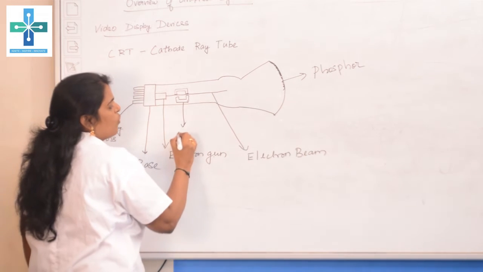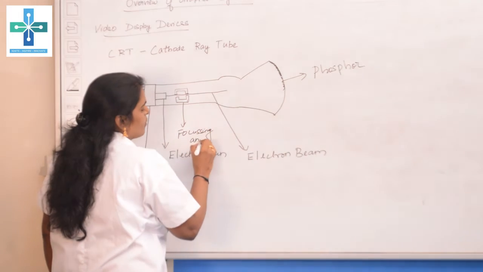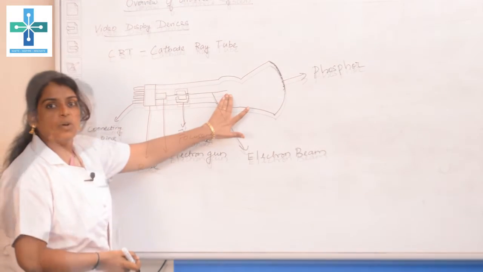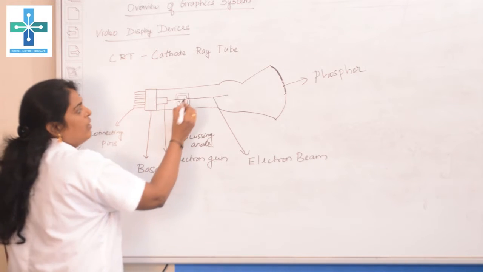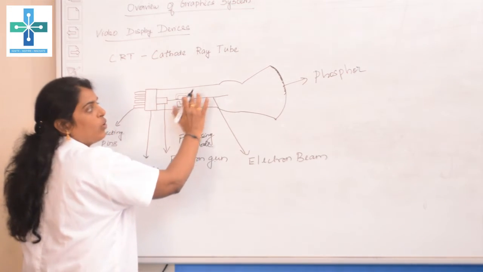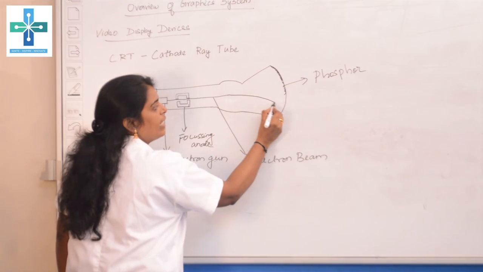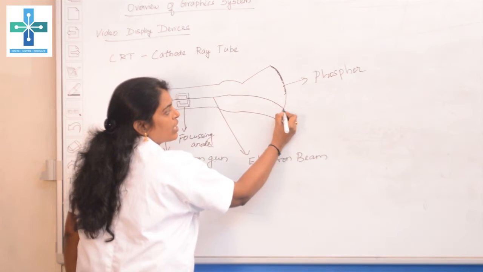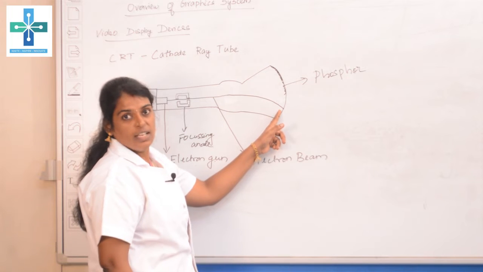This is called the focusing anode, and here is a magnetic coil. The electron beam generated from this electron gun will be traversing through this focusing anode as well as the magnetic coils. At some point it will strike the phosphorus coated screen at one point, which gives you a spot, or creates a light on the screen.